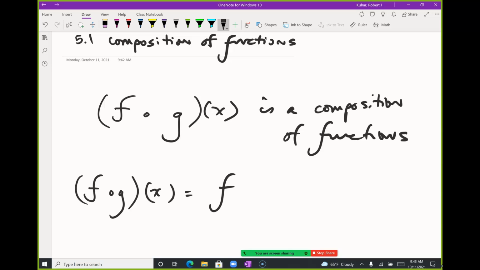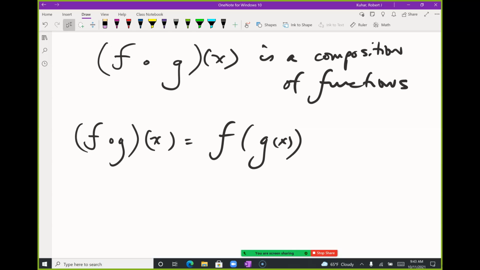It can be written as f of g of x, and this is the one that makes a lot more sense to me. This is the same thing, okay? And you can clearly see that the input of function f is the function g. So when I'm saying composition of functions, I'm saying put an entire function inside of another function.